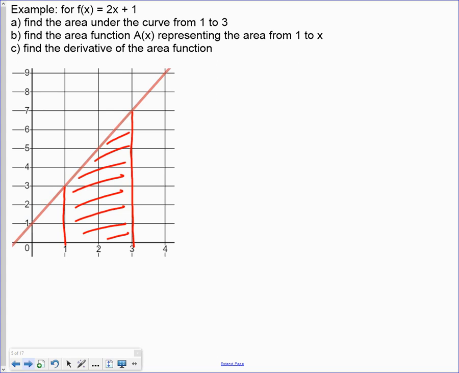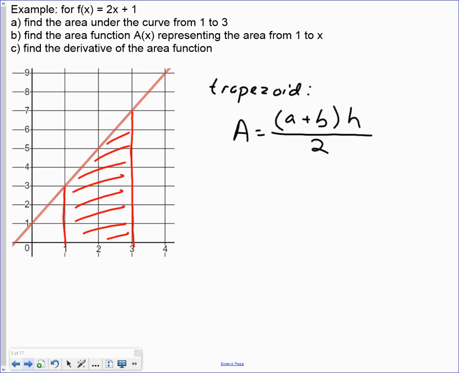So if we're going to find the area of this thing, it's a trapezoid, so our area is just A plus B times H divided by 2. Formula from way back there in grade 9.